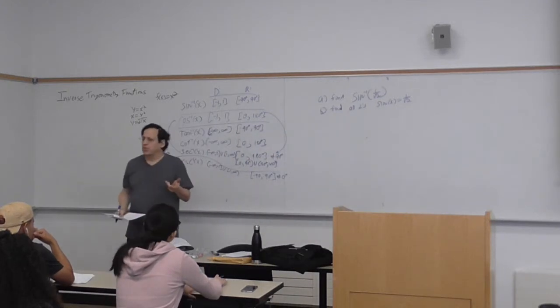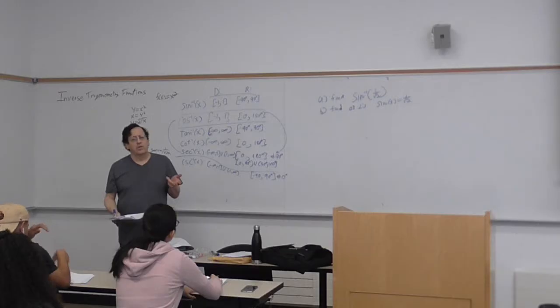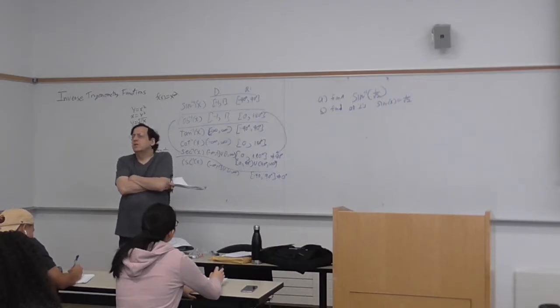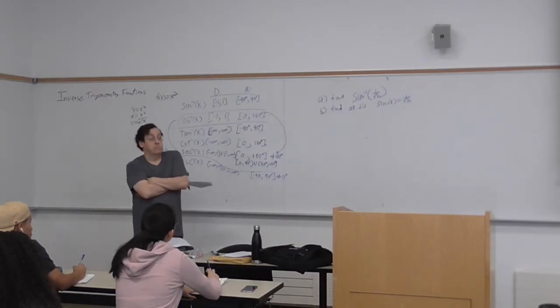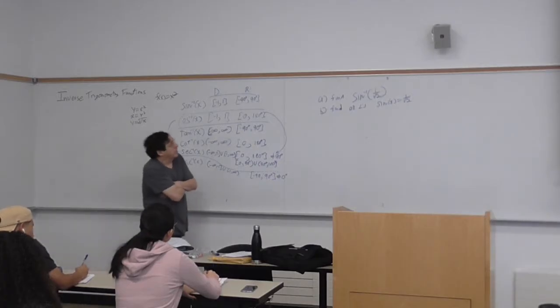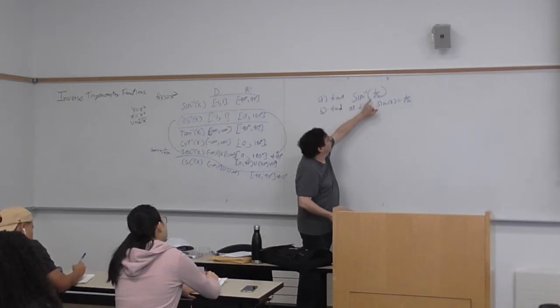First thing I'm going to ask is, what's the difference between those two questions? Think about it. Here I'm saying find the inverse sine, that's a function of this, right?